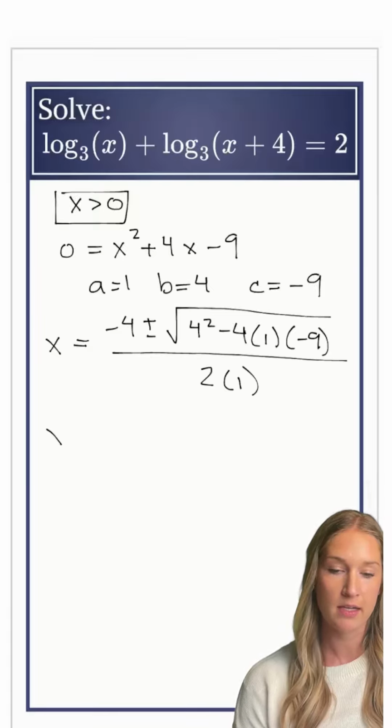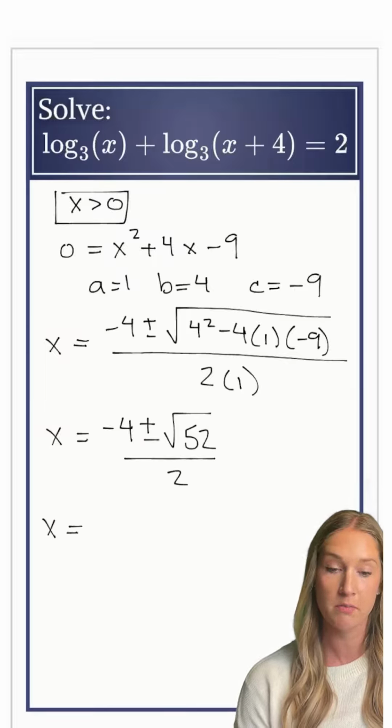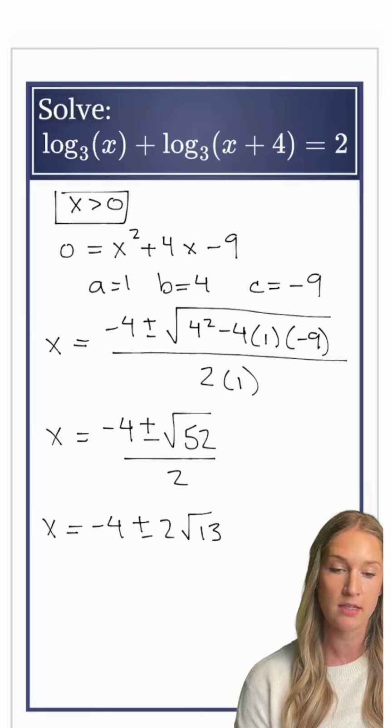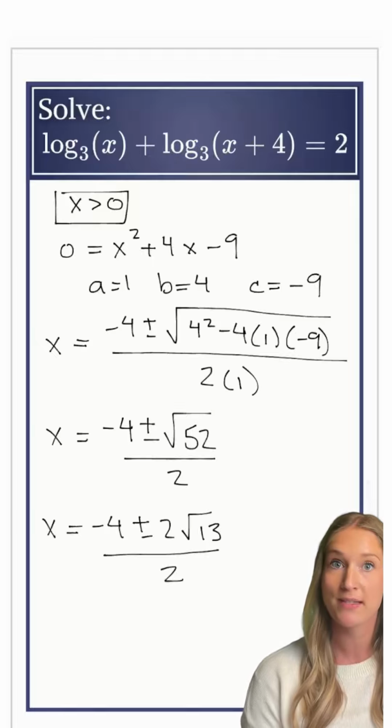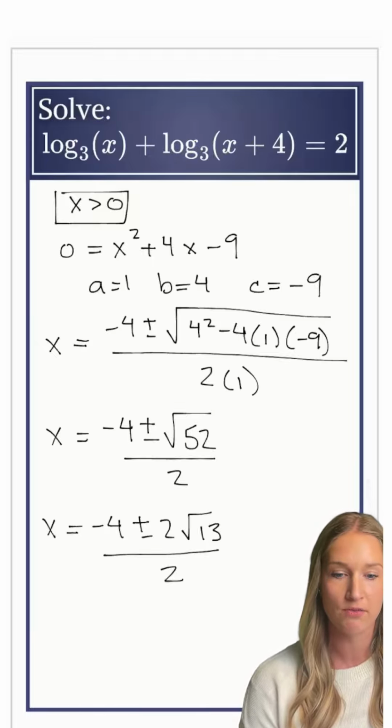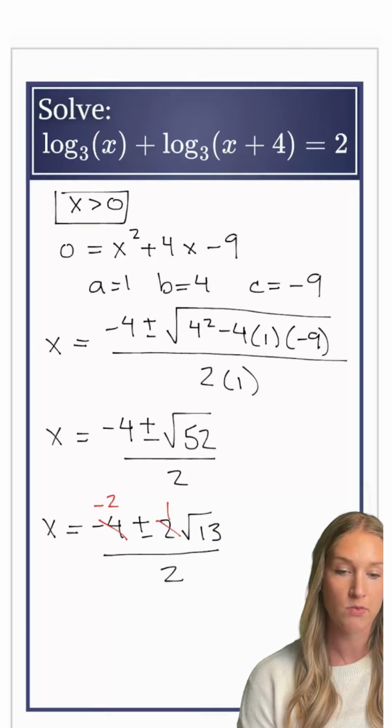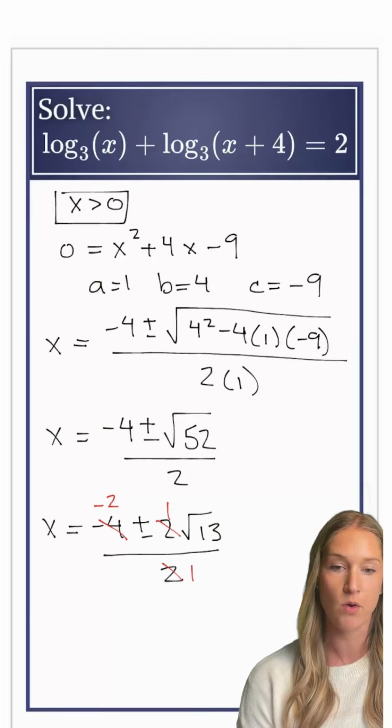I'll simplify inside my radical to get positive or negative square root of 52 all over 2. Now, square root of 52 does simplify into 2 times the square root of 13. And now I can go ahead and reduce all 3 terms because they all 3 have a common factor of 2. So my -4 becomes -2 plus or minus 1 rad 13 all over 1.